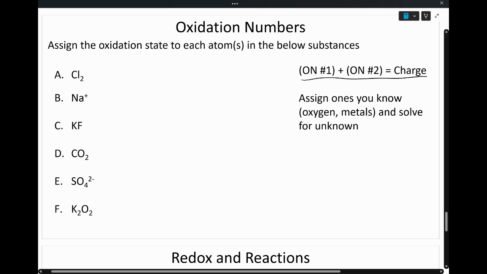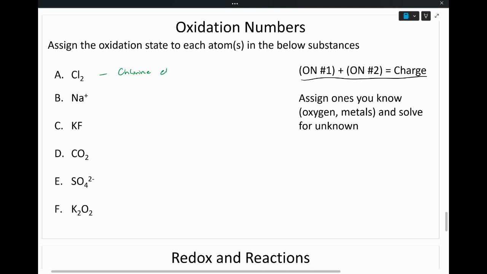With this first one, Cl2, this is actually chlorine in its elemental state. And because it's in its elemental state, we'll say that its oxidation state or oxidation number equals 0, no unequal sharing of electrons. Na+, that's a monoatomic ion. Its oxidation state is going to be +1.